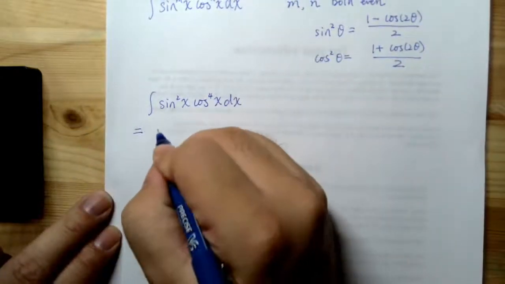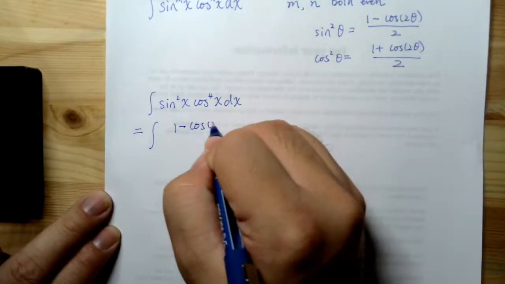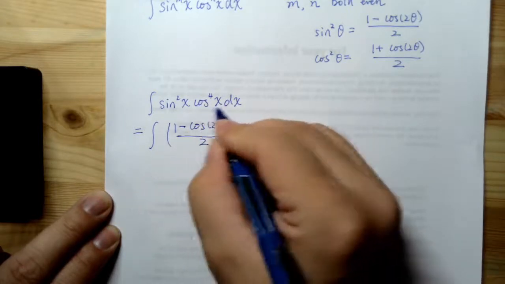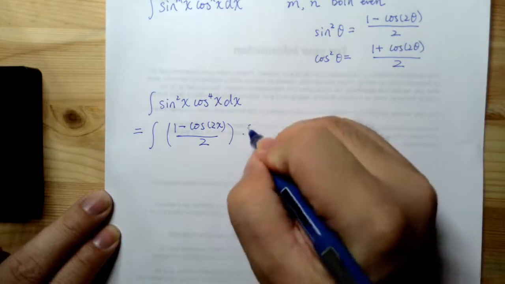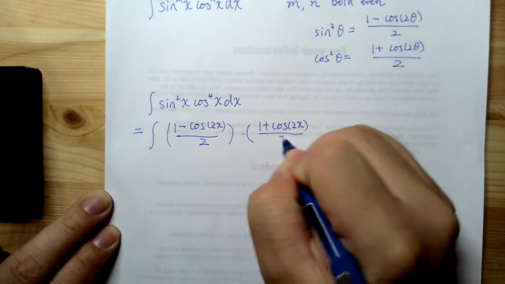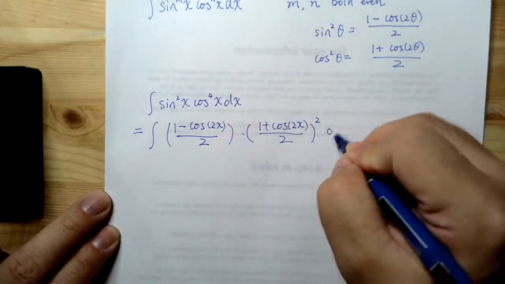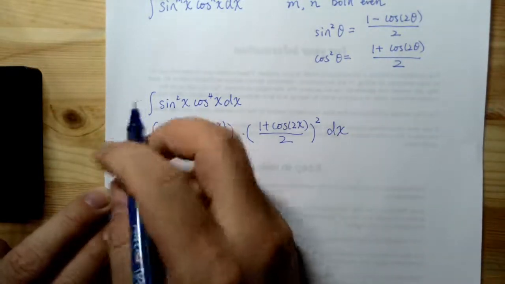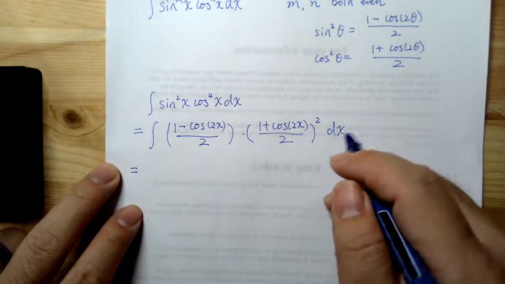First, sine squared can be written as 1 minus cosine of 2x over 2, and cosine squared can be rewritten as 1 plus cosine of 2x over 2, but I have a square because it's raised to the power 4, and then dx. Turns out things are not that complicated.